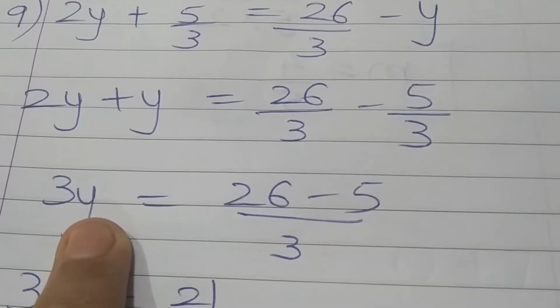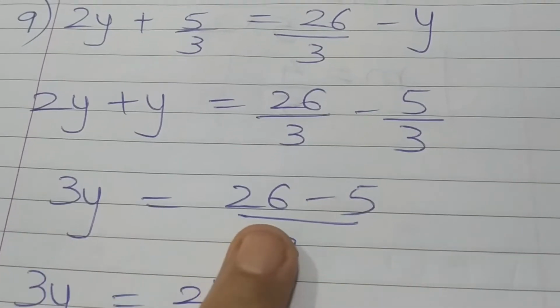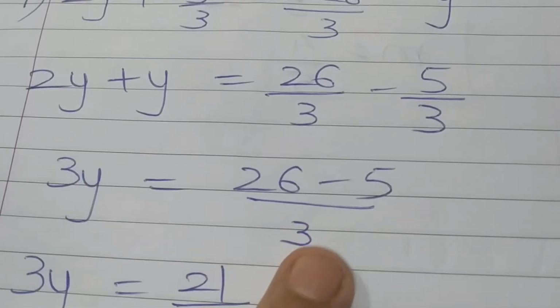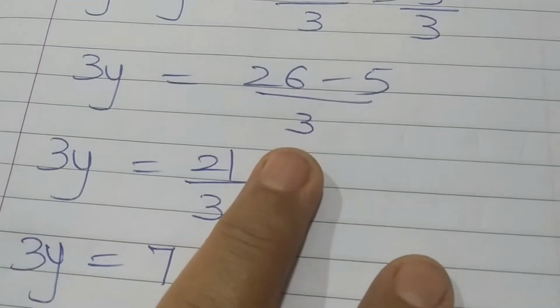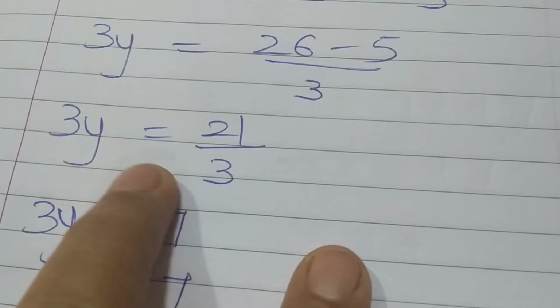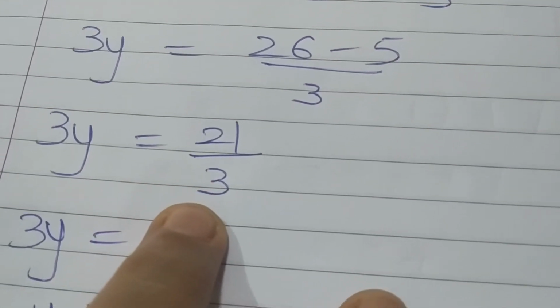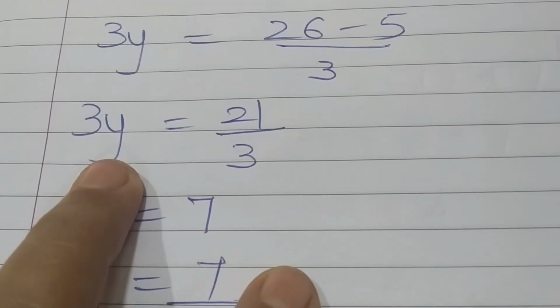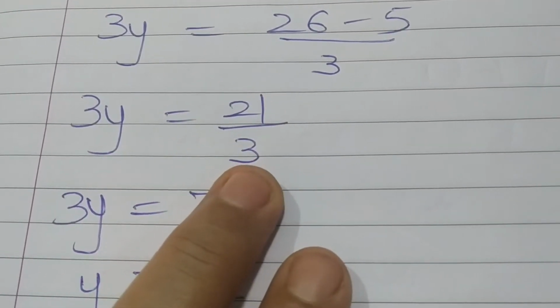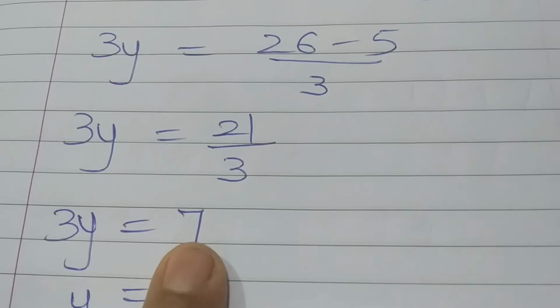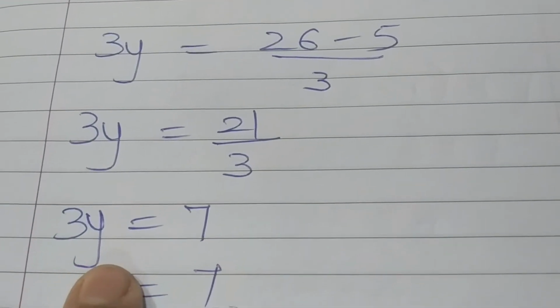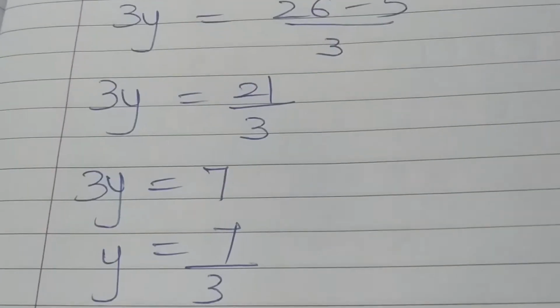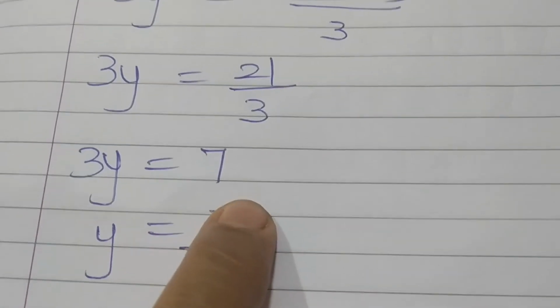So we get 3y is equal to 26 minus 5 upon 3. What is 26 minus 5? 21. 21 upon 3 on the right hand side. Left hand side you have 3y. Now 21 upon 3 could be written as 7. 3y is equal to 7. So y is equal to 7 upon 3.